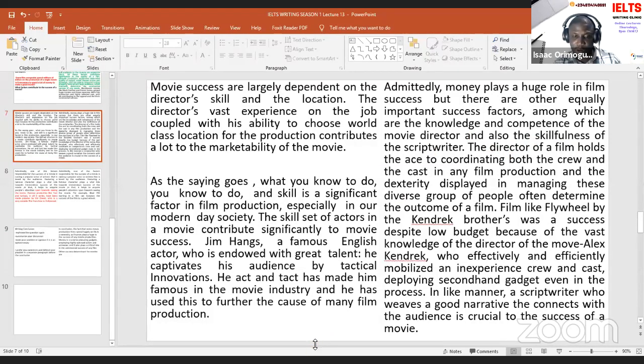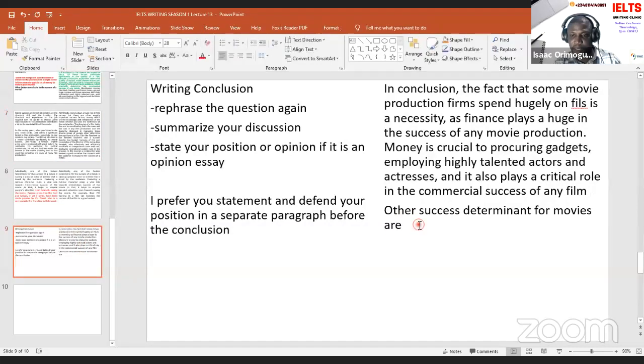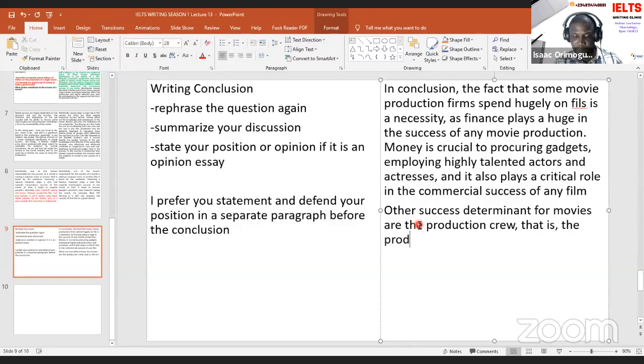So now, other success determinants for movies are the production crew, that is the producer, the script writer.